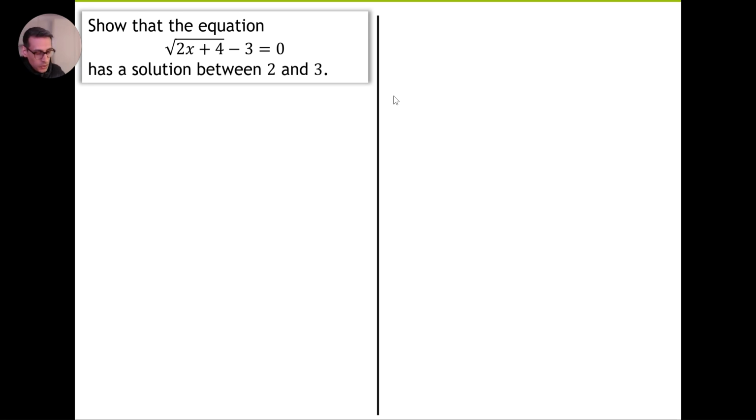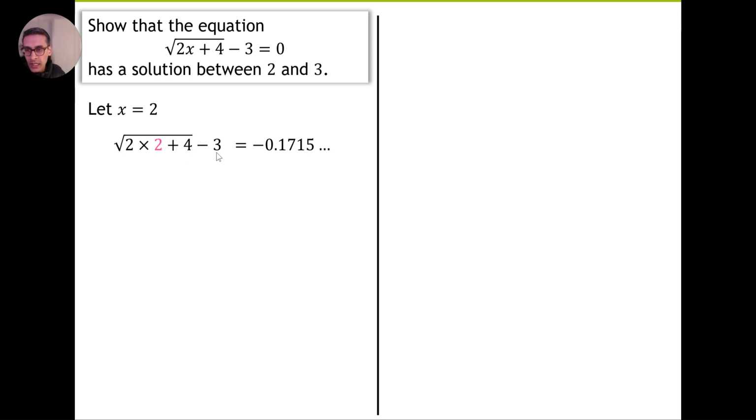Okay, here's another question for you to try. Use your calculator to help you if you need. Pause the video. Okay, here is the working out. So we can see that if x is 2, we're going to get the square root of 4 plus 4. 2 times 2 plus 4.